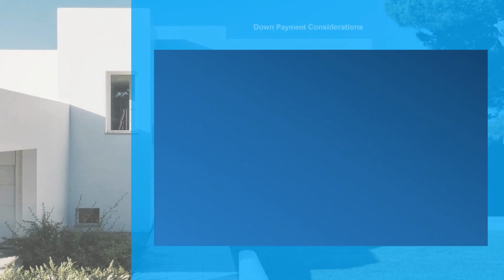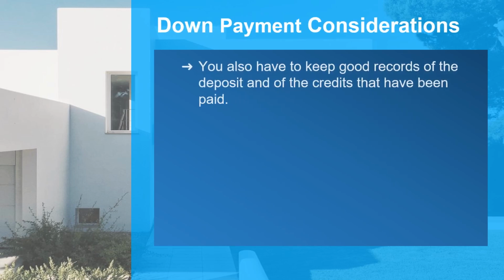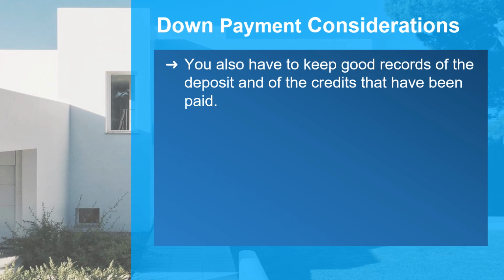You also want to keep good records of the deposit and the credits that they have paid. For example, the tenant writes you a check for a $10,000 deposit. Make sure they keep a statement and you keep a statement, and that they get the bank statement that shows receipt of the $10,000 they gave you as the deposit. Please take a picture of the check and keep it in the file.